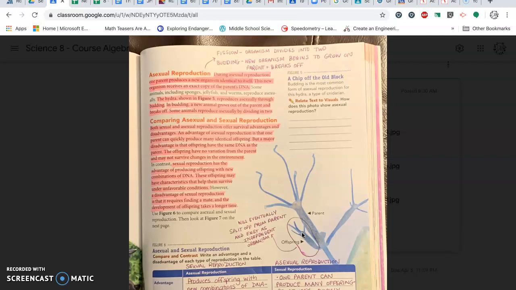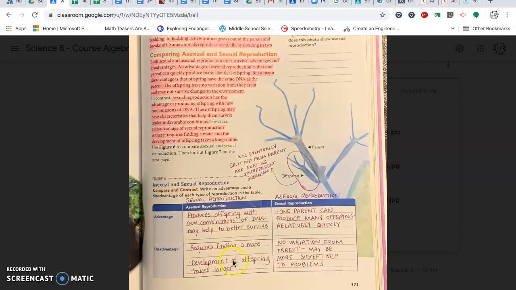So it's kind of like, in a weird way, if your arm was the beginning of another person, and eventually your arm kind of split from your body, and a new person grew off that arm, and maybe you grew another arm then. So you take a portion of that original parent, and it starts to grow a new organism, and then that organism splits off eventually and becomes its own independent organism.